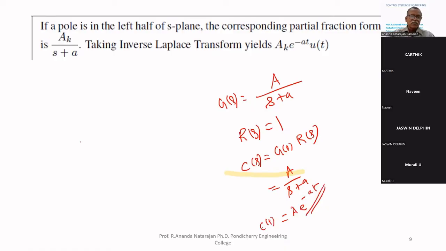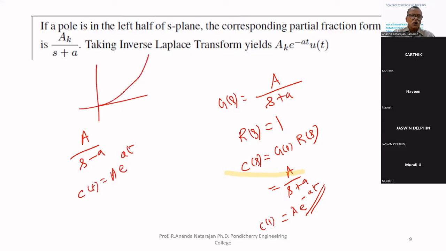If it is A by S minus A, what do you get? C of T equals A e power plus AT. Plus AT means the response goes on increasing. Unstable. That's why the pole must be on the left hand side.